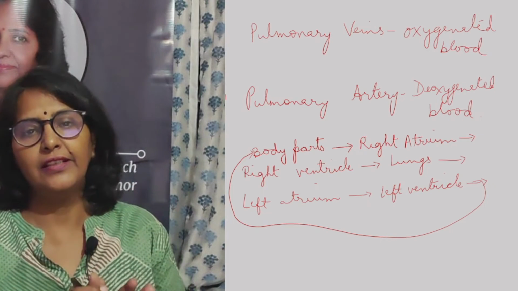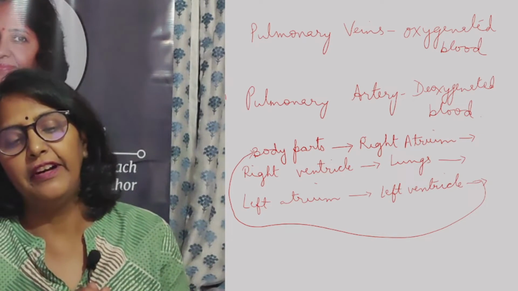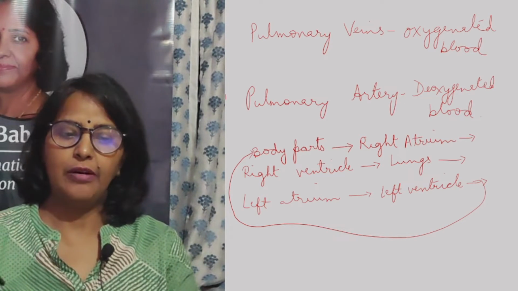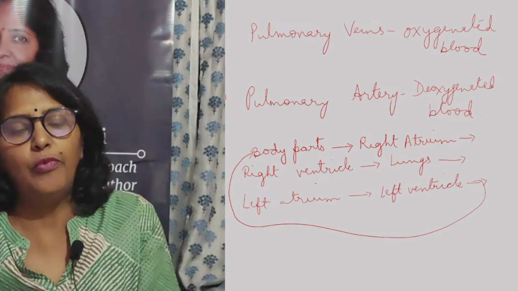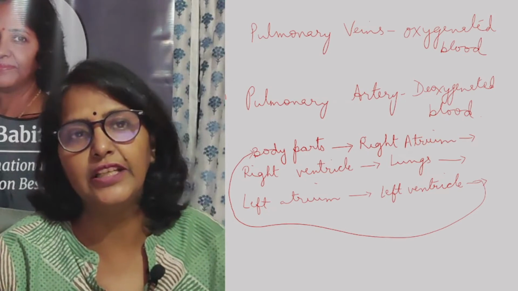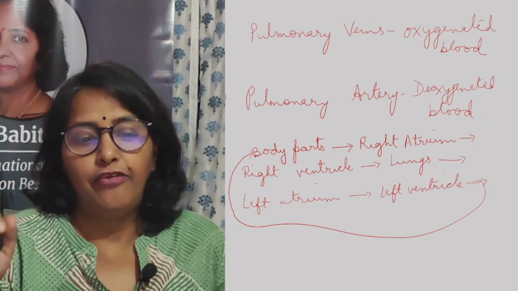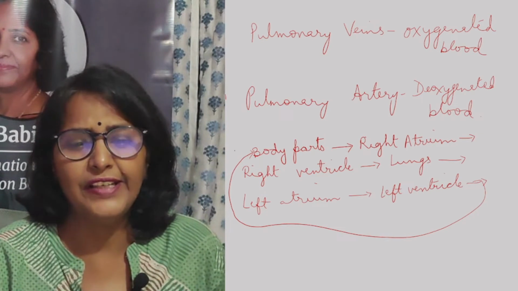From body parts it is going to the right atrium, from right atrium to right ventricle, from right ventricle to lungs. From lungs it will come back to the left atrium, that will move to the left ventricle, and from the left ventricle it will move back to the body parts. So this is the complete cycle of the blood flow. You see, blood is coming into the heart twice.